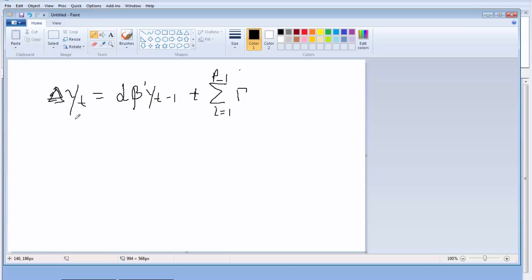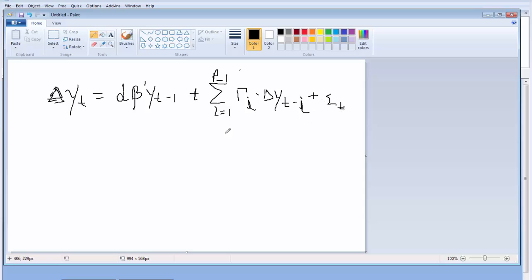This is the data matrix of y's, plus then the error terms epsilon t.